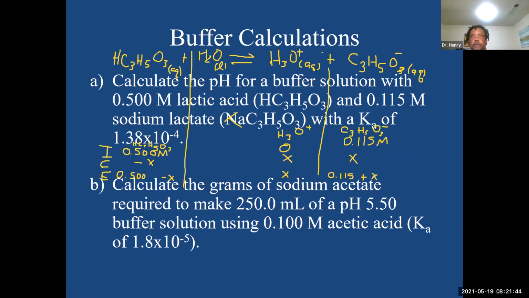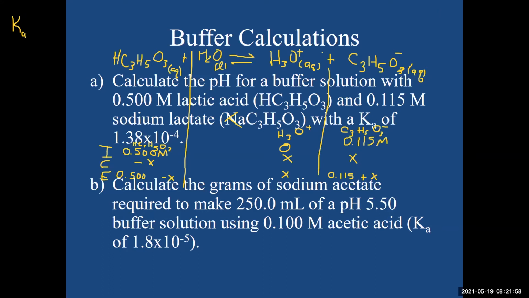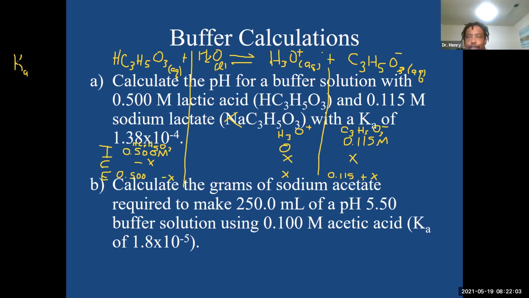Okay, so if we set our equilibrium equation, what are we going to have? Ka is going to equal what? Are we doing the products over the reactants? Ka? That is correct. That never changes. It's always going to be products over the reactant.